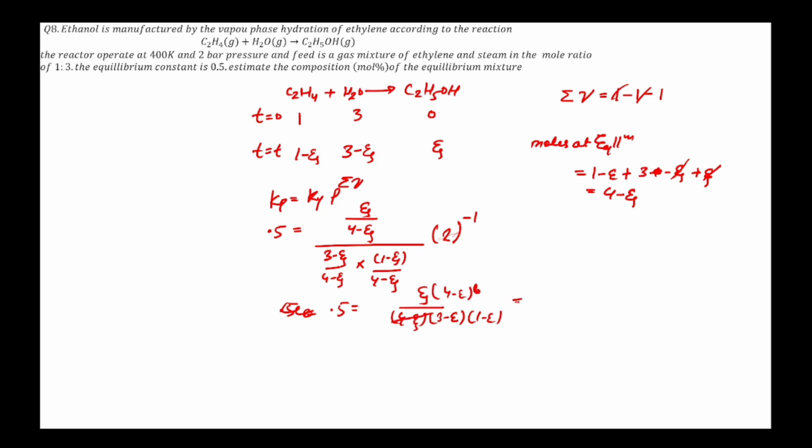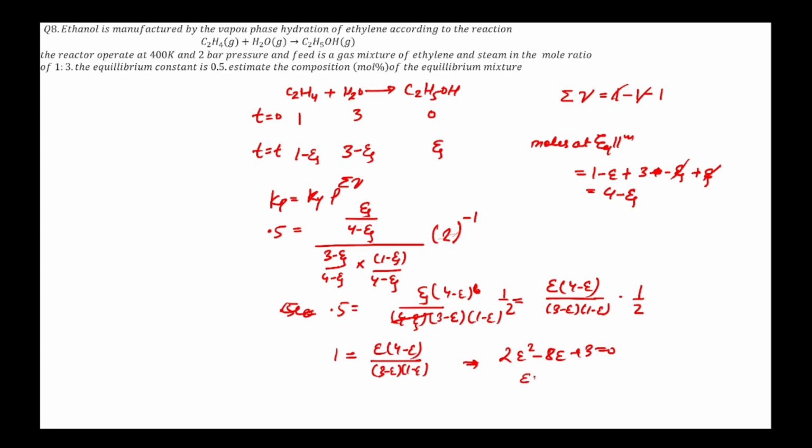So E into 4 minus E upon 3 minus E into 1 minus E. After solving this, don't forget the 1 by 2. So it will give 1 equal to E into 4 minus E upon 3 minus E into 1 minus E. So you will get a quadratic equation 2E square minus 8E plus 3 is equal to 0. Apply the quadratic formula, so you will get E equal to 0.42.